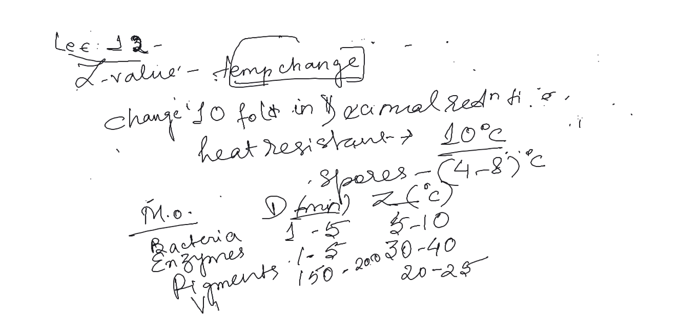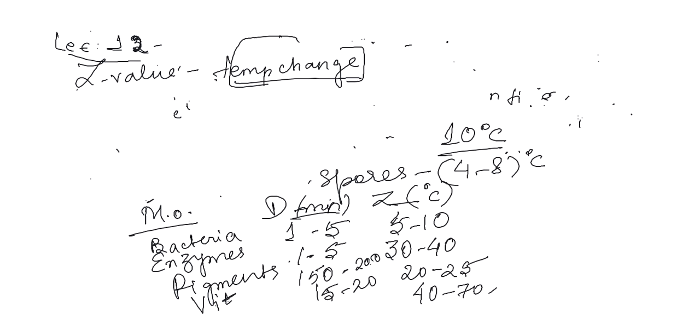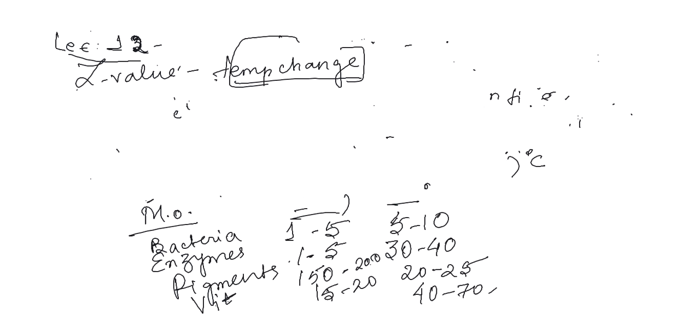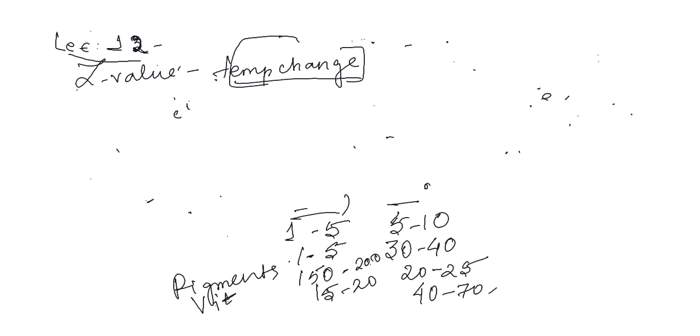For vitamins, it is around 15 to 20 minutes, and we have 40 to 70 degrees Celsius for the Z value. Is it clear? So you can keep a note of the approximate Z value and D value of bacteria, vitamins, pigments, as well as enzymes.